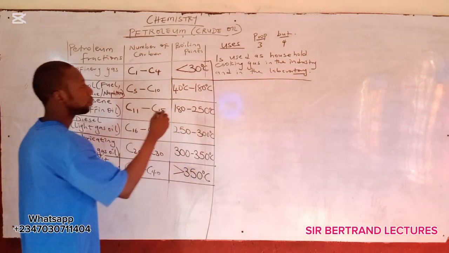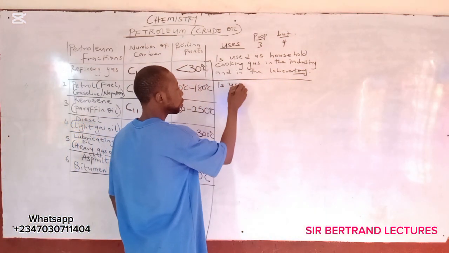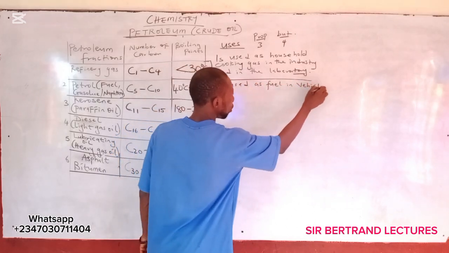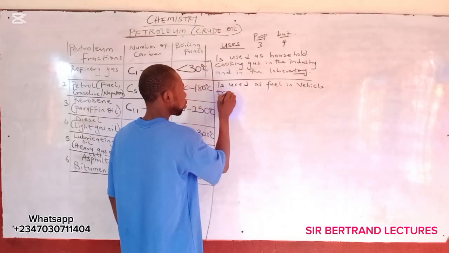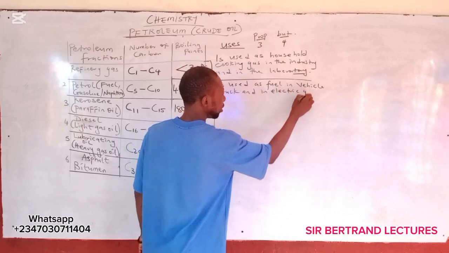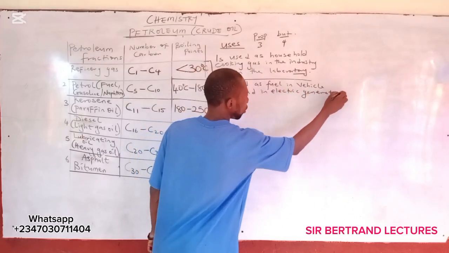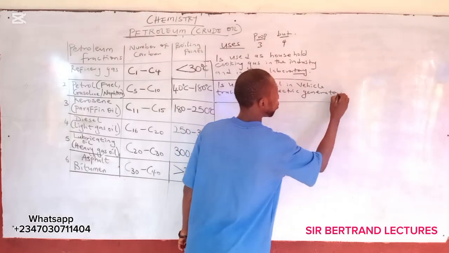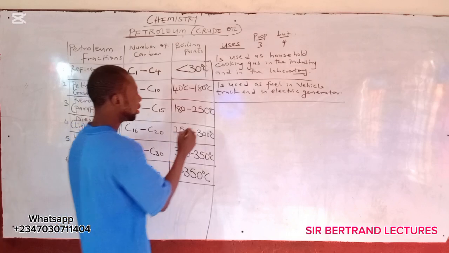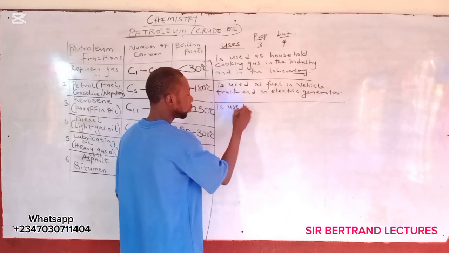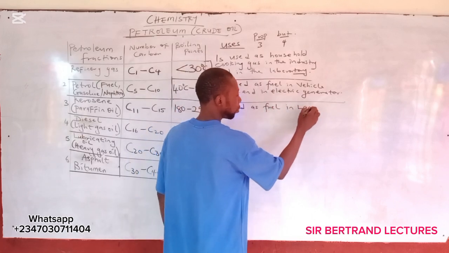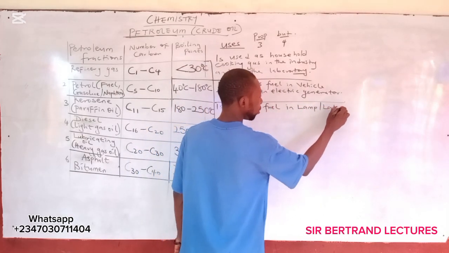Then the next is petrol. Petrol here is used as fuel in vehicles, in trucks, and in electric generators. Then kerosene here is used as fuel in lamps or in lanterns.